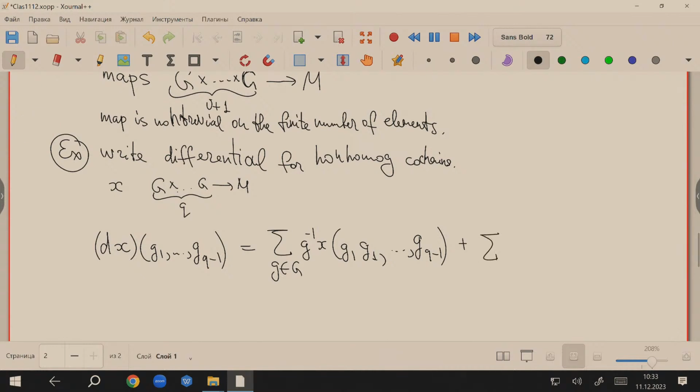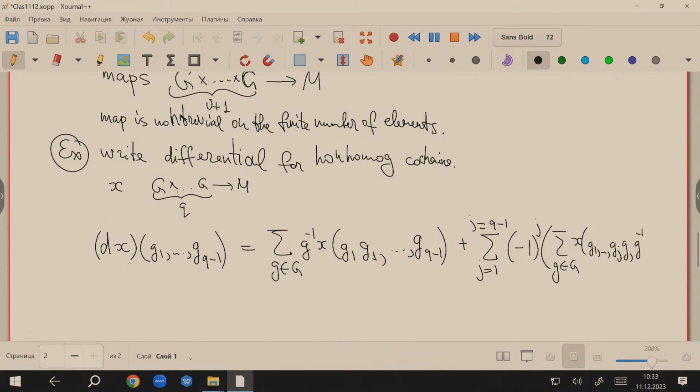This is just an application of the substitution that we have done for cohomology, in order to get the answer for non-homogeneous cochains.